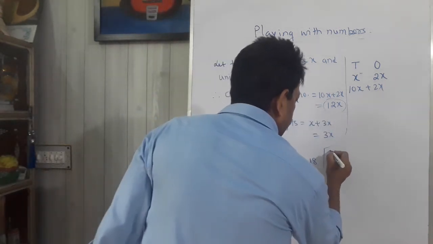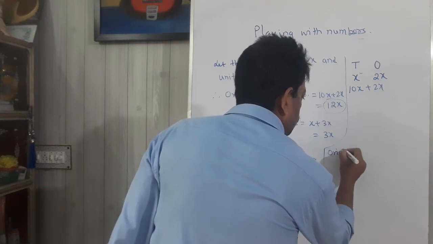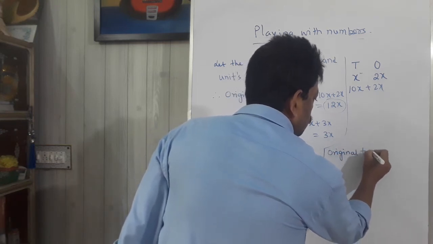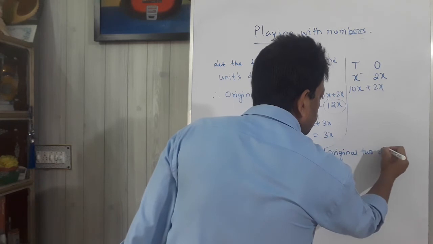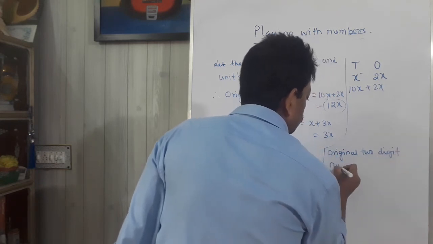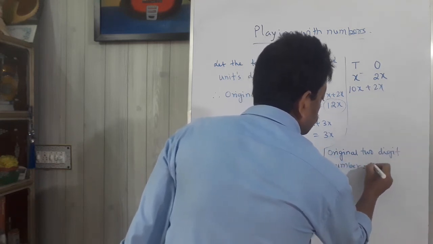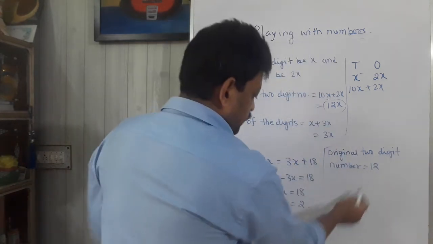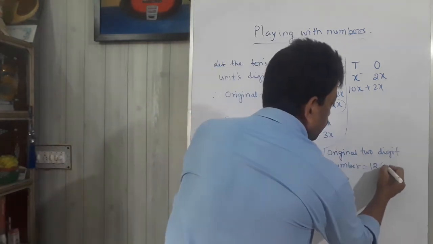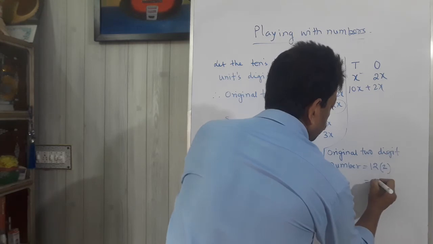So we can write original two-digit number equals 12x. In place of x I am putting 2, so it becomes 24.